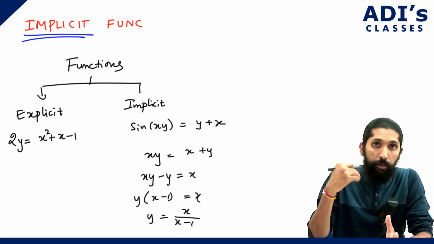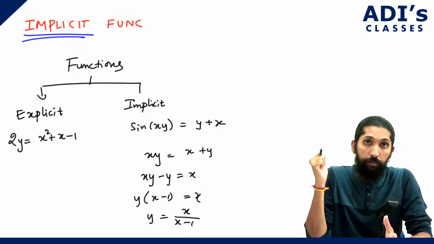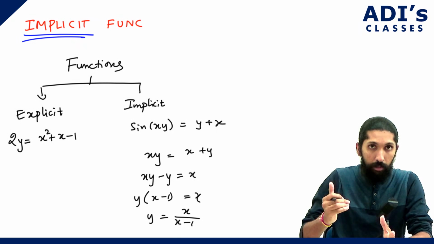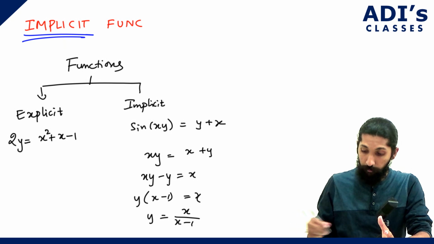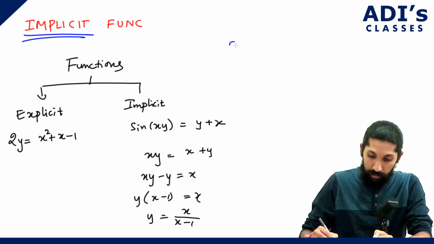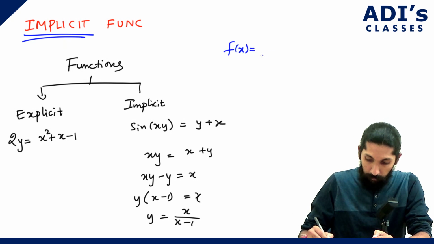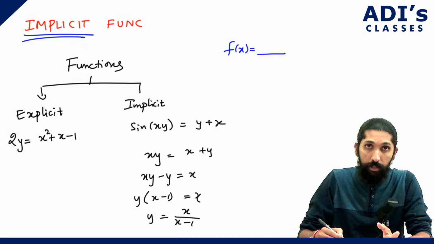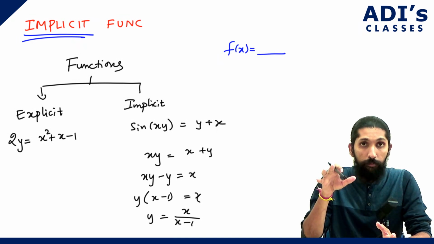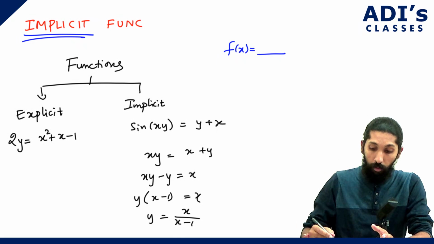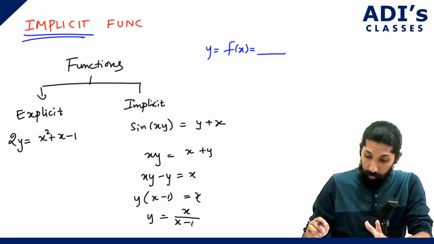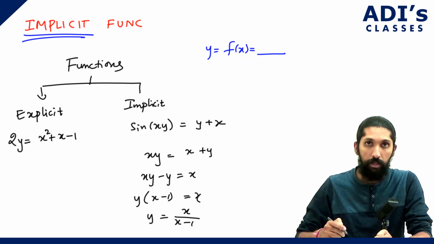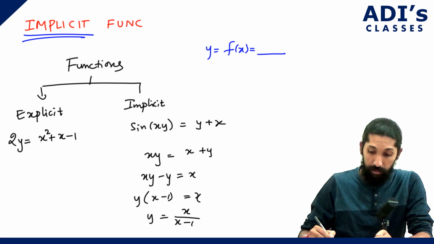So how exactly do we define an implicit function now? Now coming to the mathematical point, an explicit function will always be of the form f of x is equal to some function, whatever it is. That means you are going to have a particular variable. Now always what do we take? We take y is equal to f of x, isn't it? So we are going to have something like this. This is for an explicit function, remember.